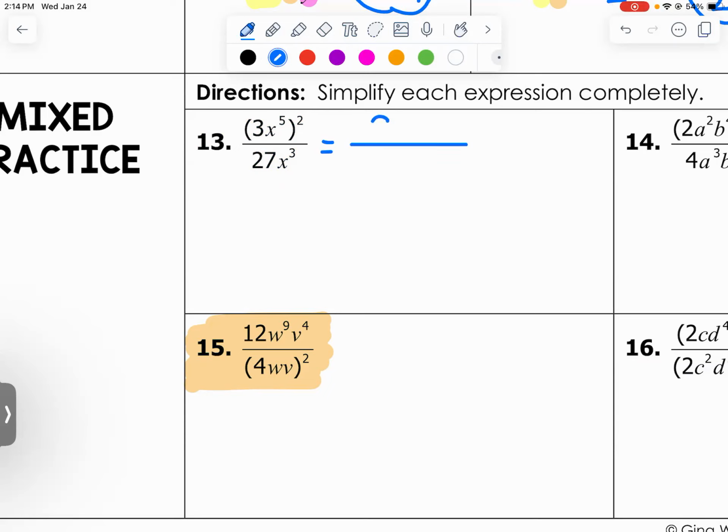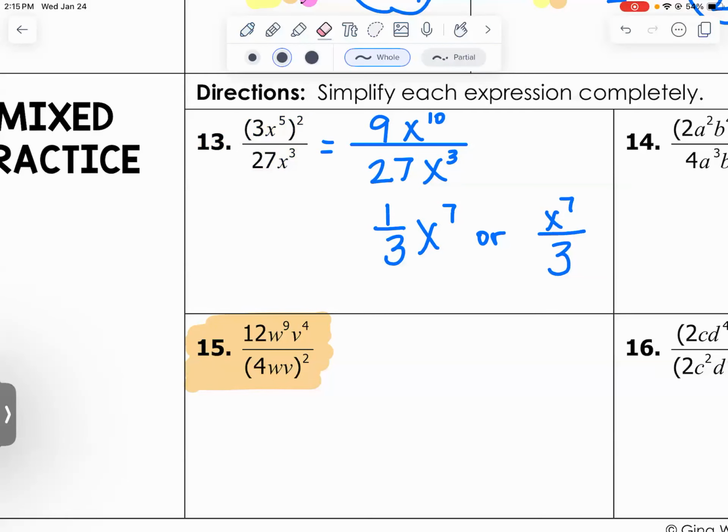So 3 squared is 9, and then x to the 5th squared gives us x to the 10th. Okay, so now 9 over 27. I know 27 divided by 9 is 3, but when we have 9 over 27, that is giving us 1/3. So you can write it as 1/3 x to the 7th, or you can write it as x to the 7th over 3.